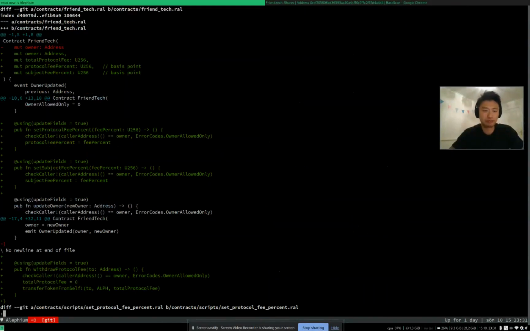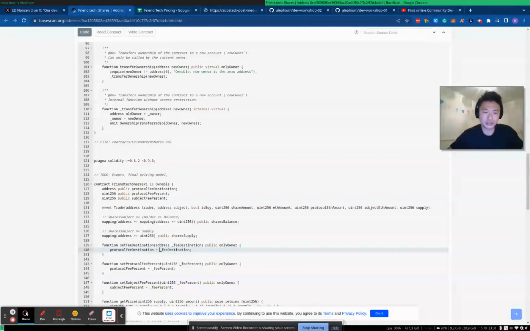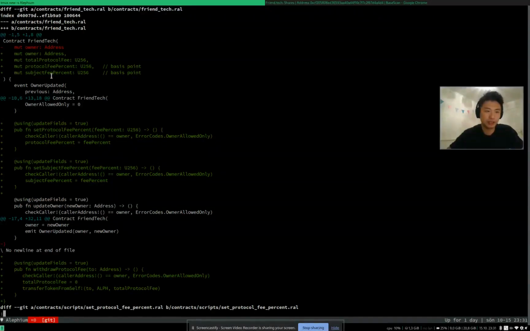So that's pretty straightforward. But we also have introduced this value called total protocol fee. And this value, we don't have it in the original. The reason is that there's something called protocol fee destination in the original Solidity code. We don't have that because Alephium is UTXO based.